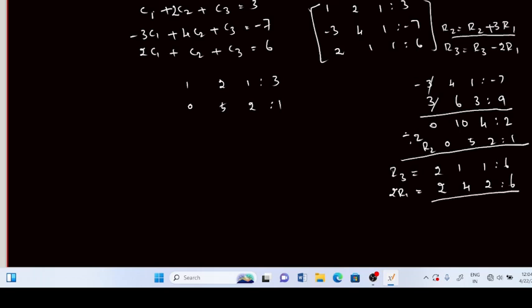If we subtract, we get 2 minus 2 is 0, 1 minus 4 is minus 3, 1 minus 2 is minus 1, 6 minus 6 is 0. So the third row we get is 0, minus 3, minus 1, 0.